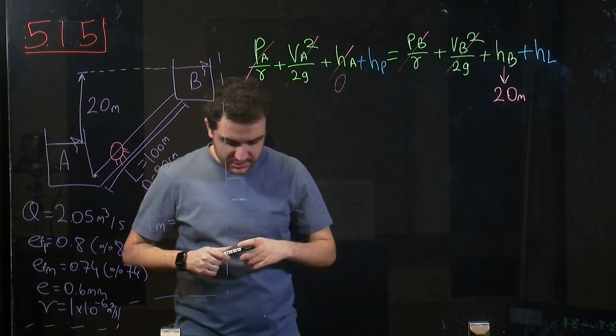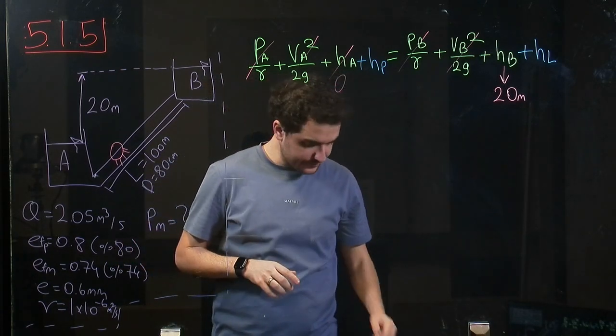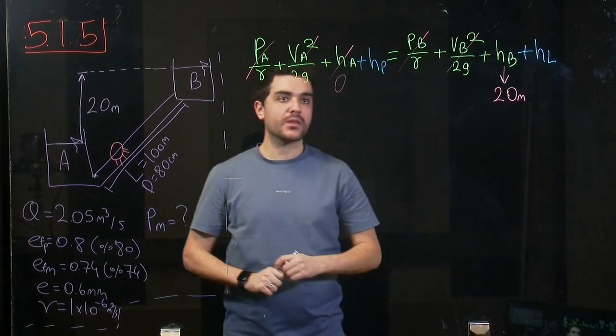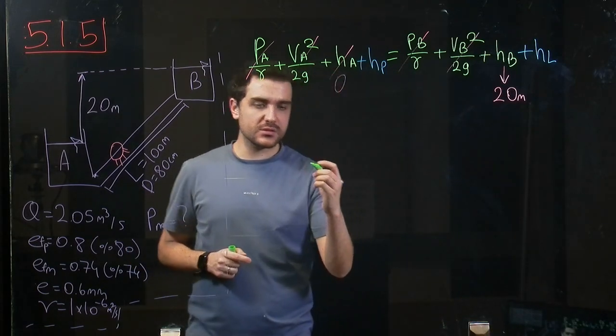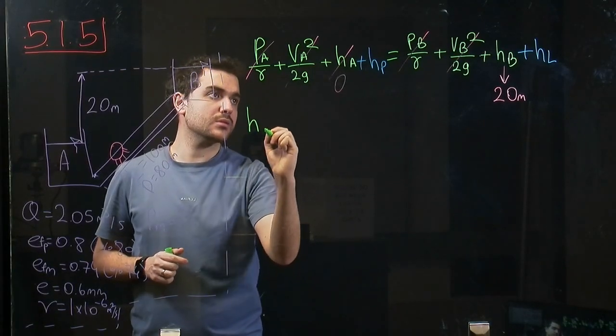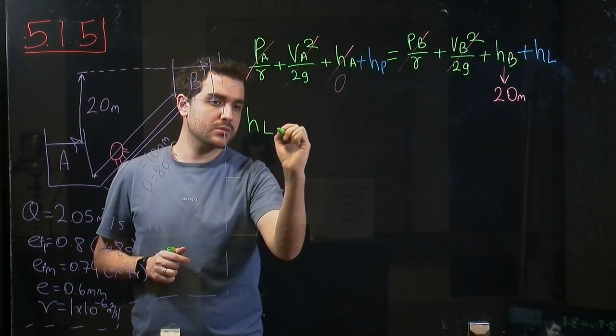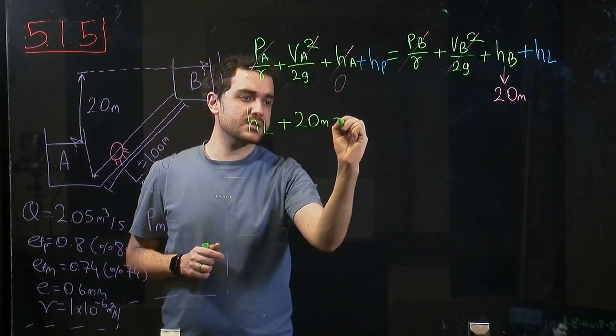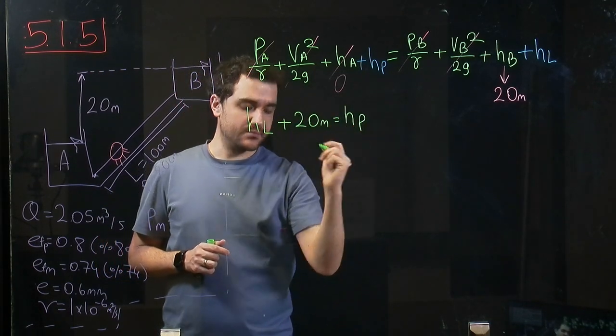And let me continue with what we have. So the total head loss plus 20 meters is equal to H_P.